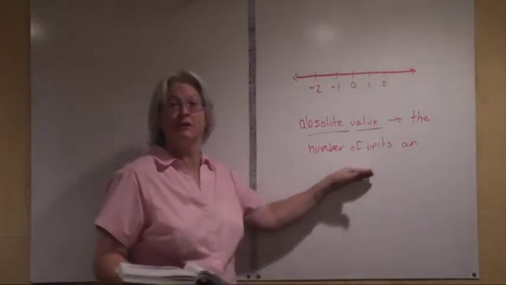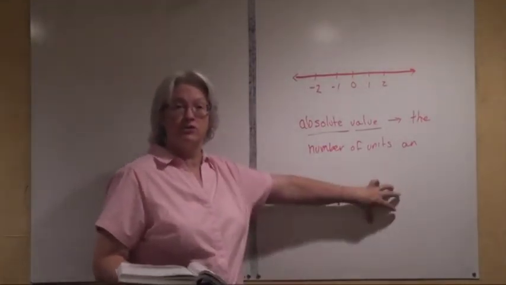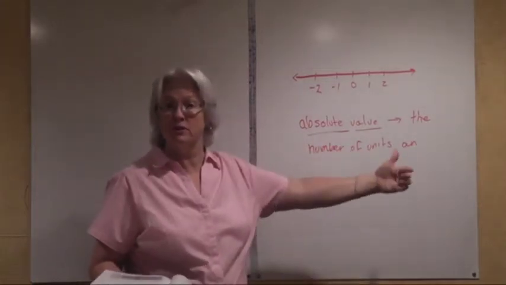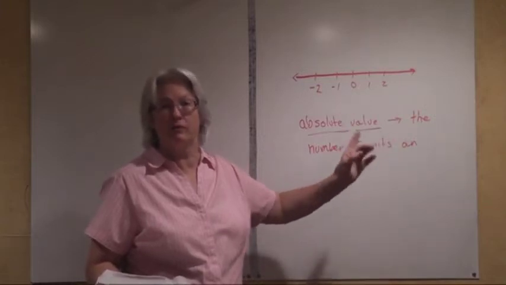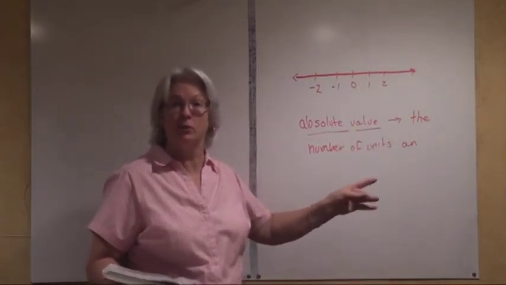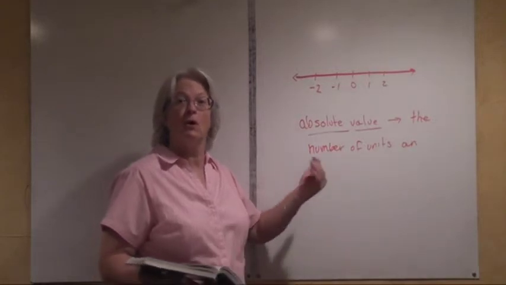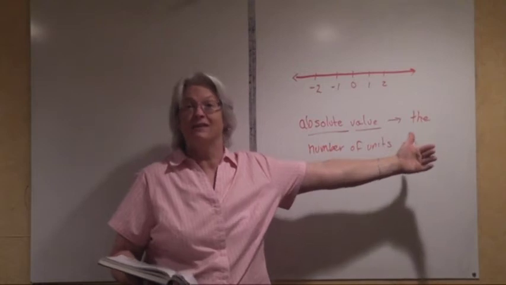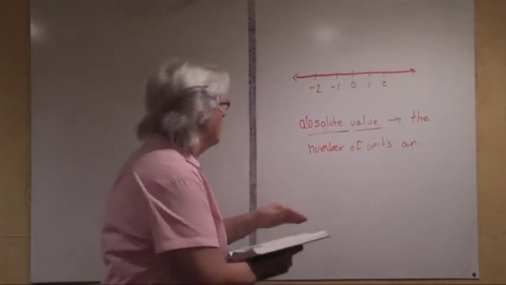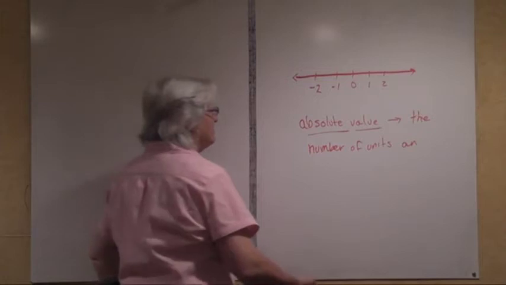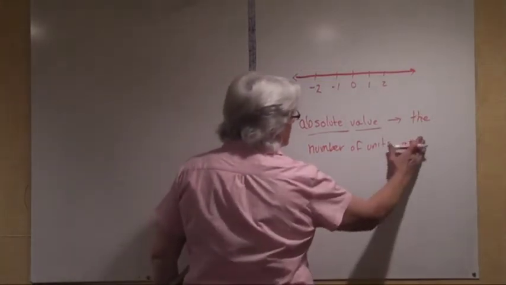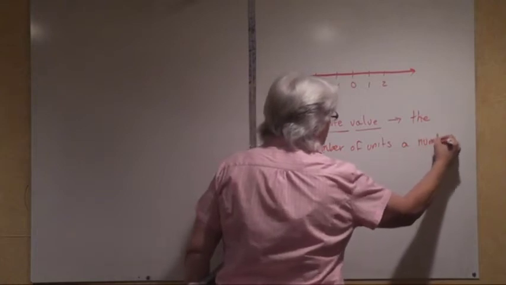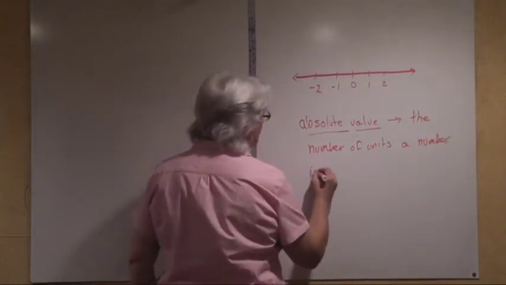Here, since we're specifically talking about integers, they're going to say absolute value is the distance an integer is from 0 on the number line, but it doesn't have to be an integer. It can be a fraction, a decimal number, or an irrational number. Absolute value is the distance of that number from 0 on the number line. The number of units, so rather than saying integer, I'm going to say a number is from 0 on the number line.